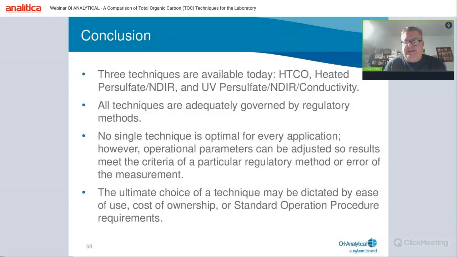No single technique is optimal for every application. However, operational parameters can be adjusted as needed so the results would meet the criteria of a particular regulatory method or error of measurement. The ultimate choice of a technique may be dictated by ease of use, cost of ownership, or standard operating procedure requirements.